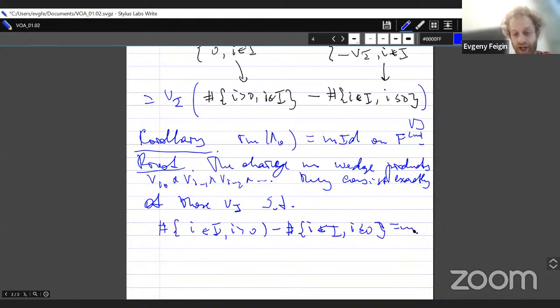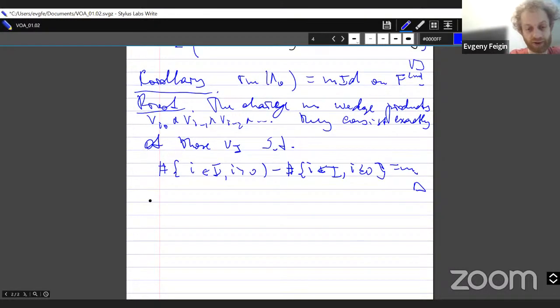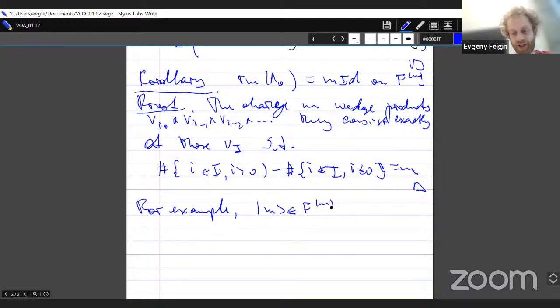Yeah, so it's clear that, for example, the vector m sits in F_m by the very definition. So if m is non-negative or positive, then we get the first term, and if negative, we get the second term.